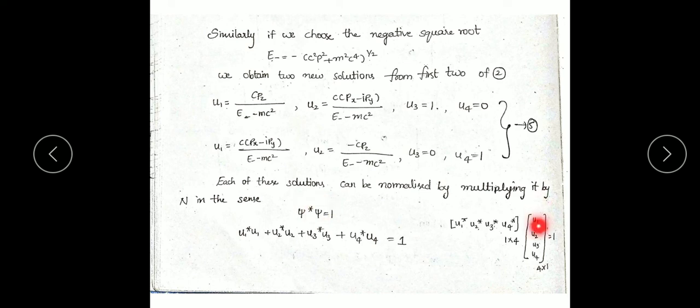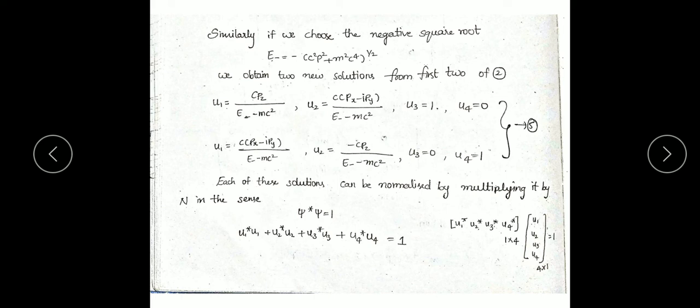So this is xi. Of course, e^(i(kx − ωt)) is missing here. If we keep that as it is, common for all the things, we can just take it aside.